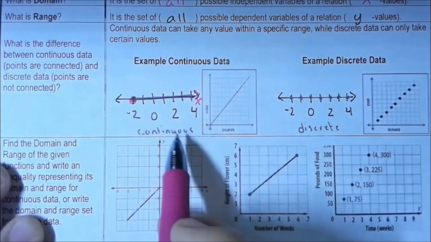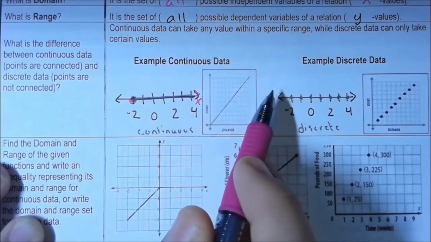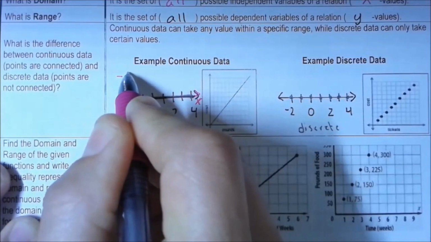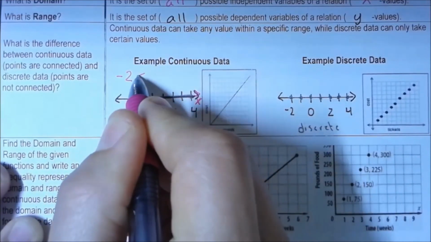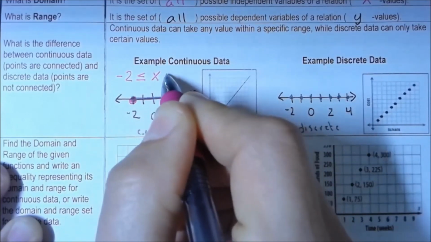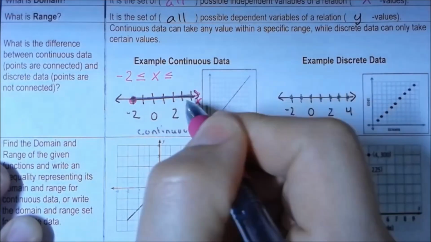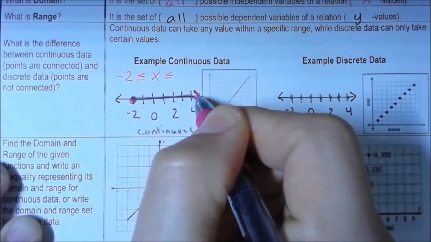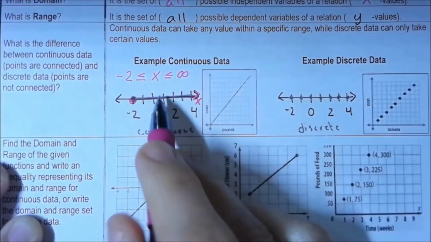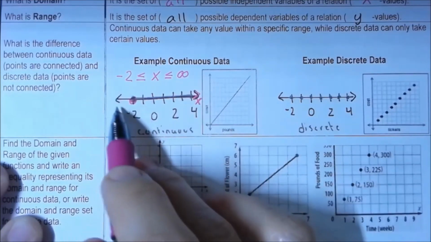So we can write an inequality about this because it can take any value between this dot and infinity, going positive. Our lowest number is -2. So this would be -2 is less than or equal to, because it's a closed dot, x, which is less than or equal to infinity, since this goes on forever.